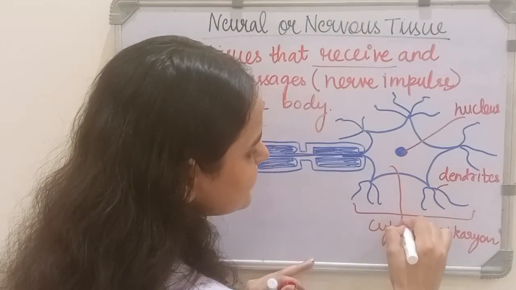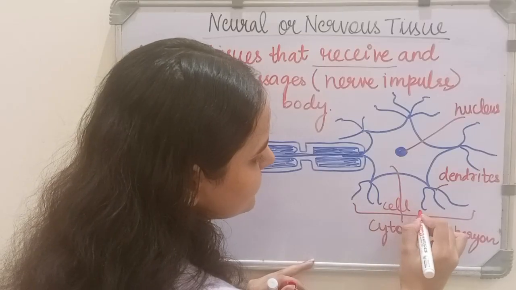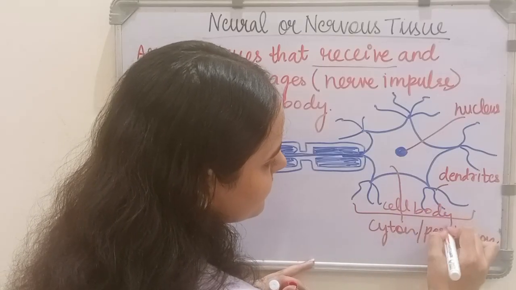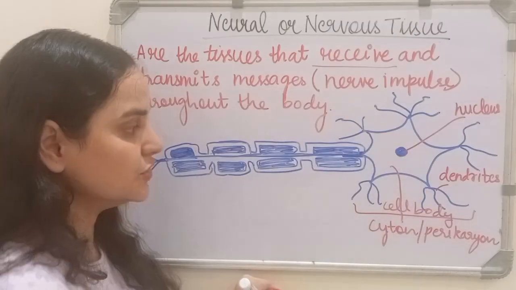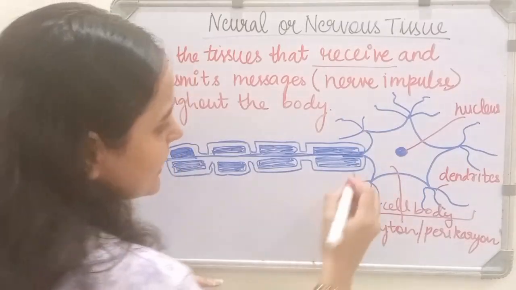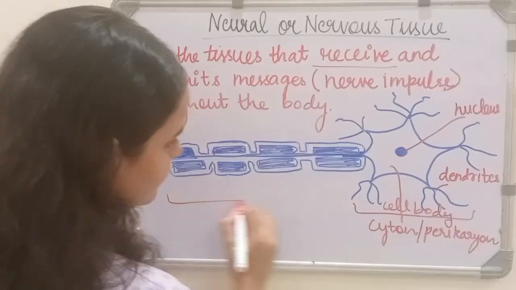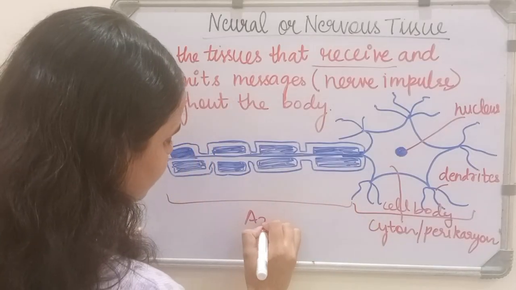So this is the cyton and perikaryon, and this whole is cell body. So cell body consists of cyton or perikaryon containing the nucleus. Okay, and this whole is axon.